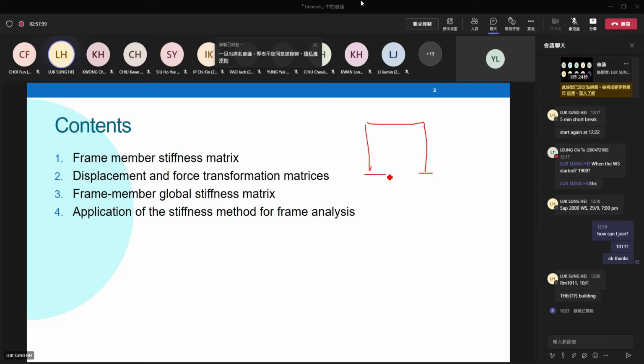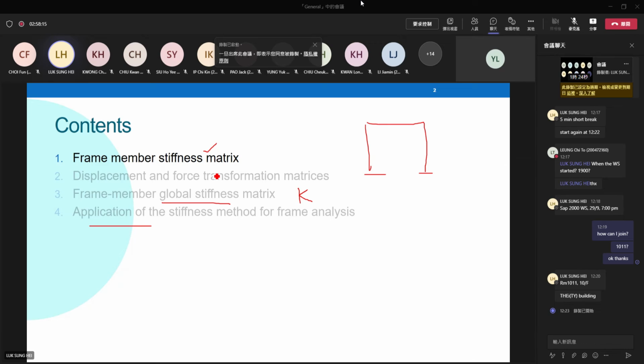And then you can combine all matrices together to form a global stiffness matrix, meaning the big K. How to form the K? From small k according to the code number. So here is also the same as what we discussed before. Finally, apply the stiffness method to analyze plane frame. So you can see that in this whole chapter, the new things appear in the first section, frame elements, not totally new. And then the remaining parts are just simple applications.